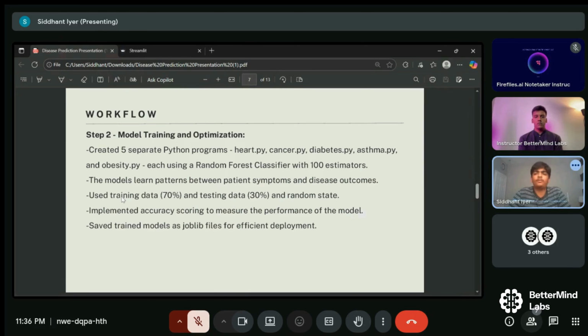Before we joined them all together into one program, we had to see the accuracy of each model so that we could determine if they're good for the later part of it, which was creating one big program. And finally, we used the job files for deployment so it could be easier.